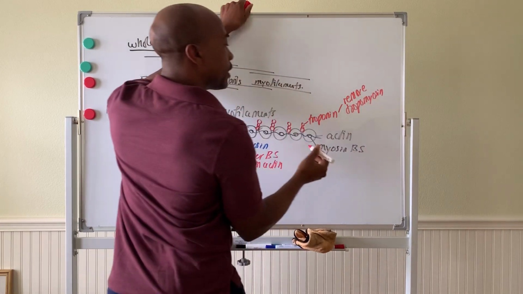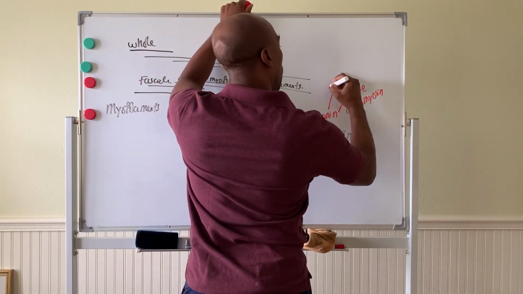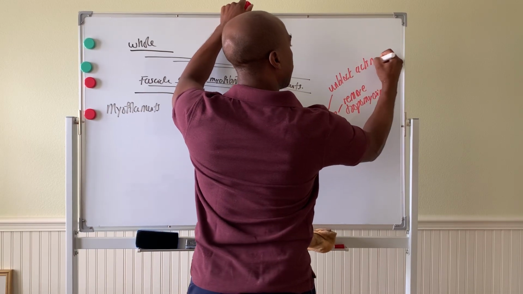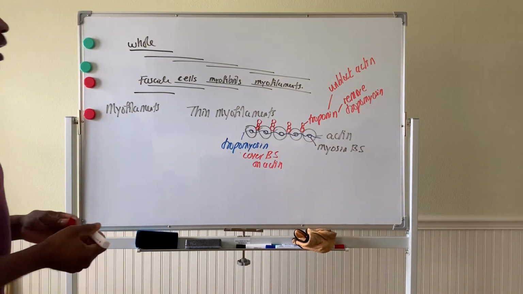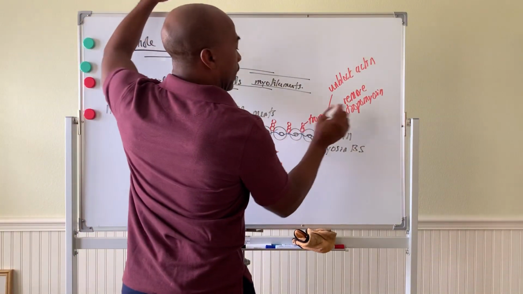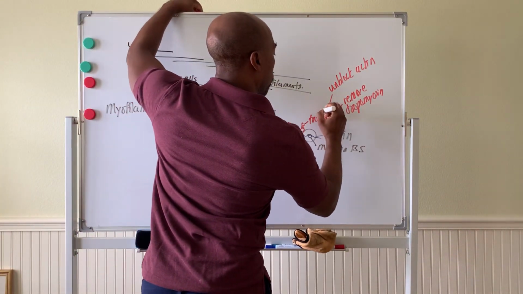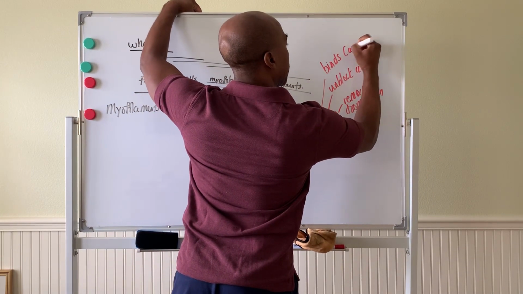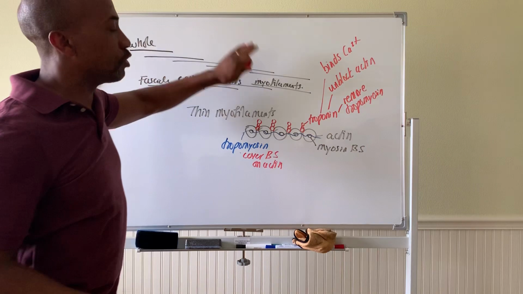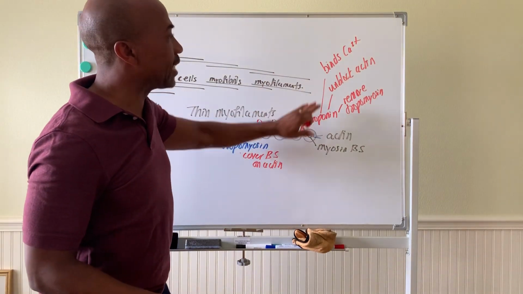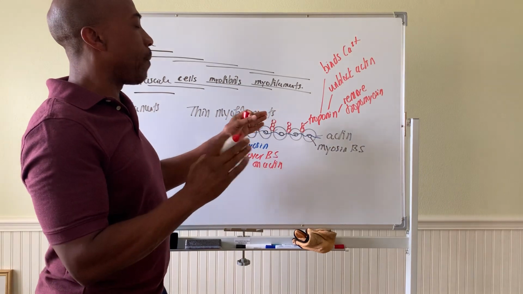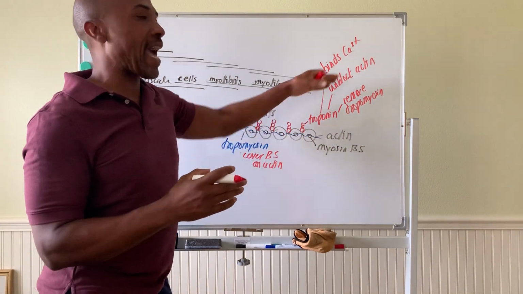In other words, its job is to unblock actin. And it does so by another role it has, which is that it binds calcium. So this is what troponin does: it binds calcium in order to remove tropomyosin in order to unblock actin, okay?